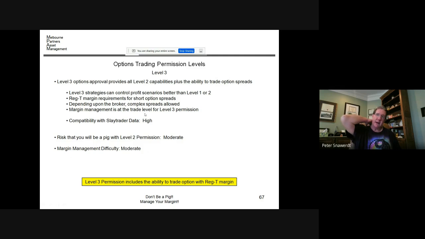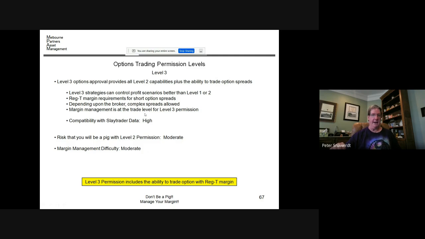And this is the first level at which you have the ability to begin to sell insurance via a spread. A spread is when you sell a strike price. Let me give you a put example. So if the underlying is trading at $100, I want to sell a put spread, and I want to speculate such that at expiration it'll be at zero.